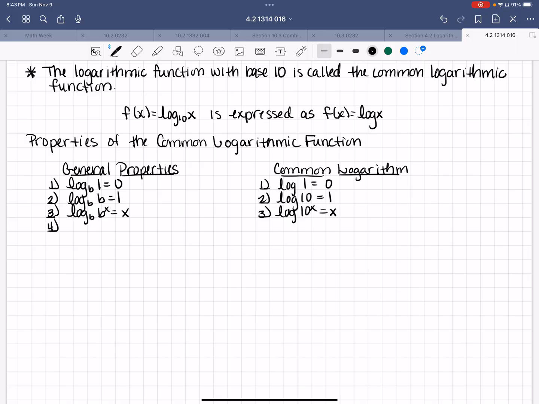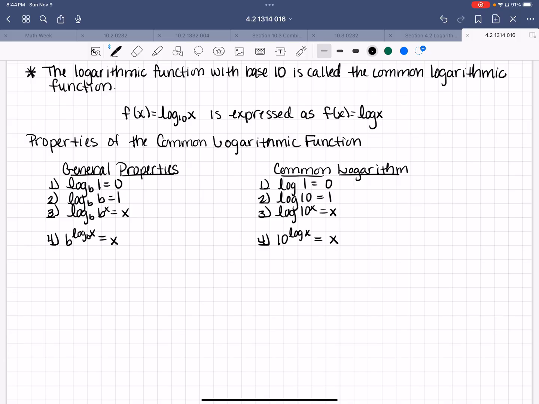And 4, if I have b to the log base b of x, we know that's going to equal x, and it's going to work the same way over here for our common log, that 10 to the log of x is going to equal x. Okay?